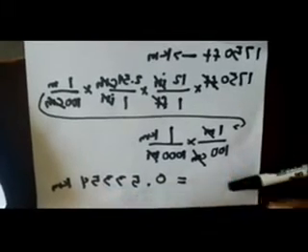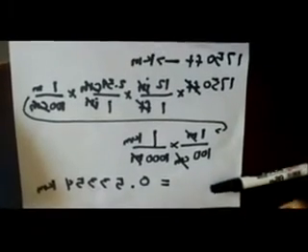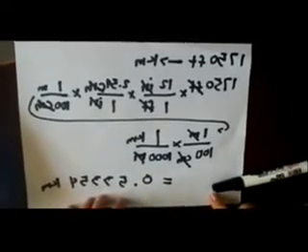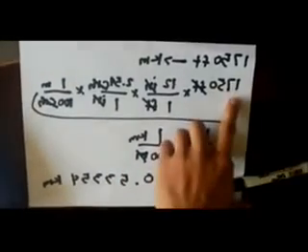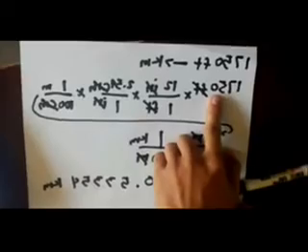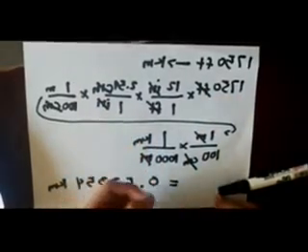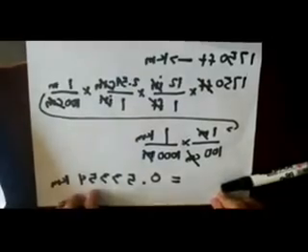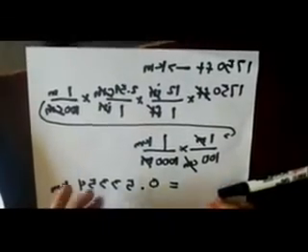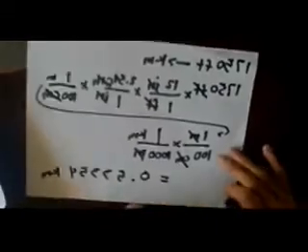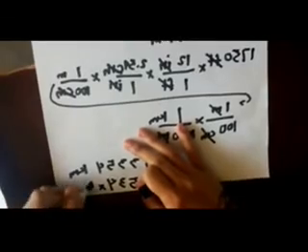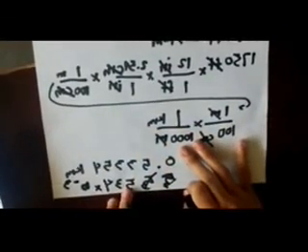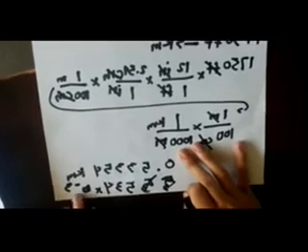By following the rules of significant figures, we follow the number with the least significant figures, which is 1,750, which has 3 significant figures. So 0.53354 kilometers will become 534 times 10 to the power of negative 3.